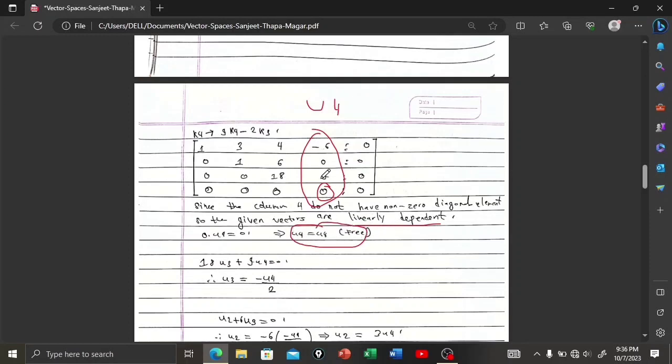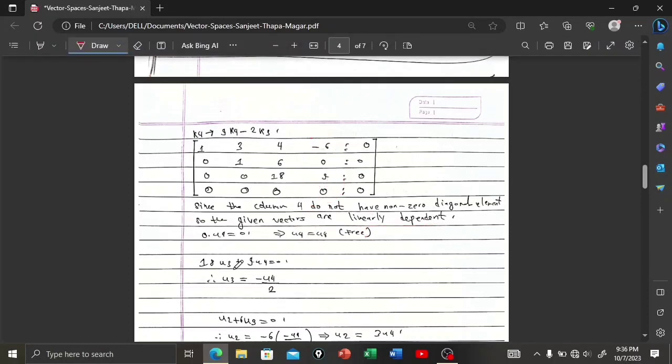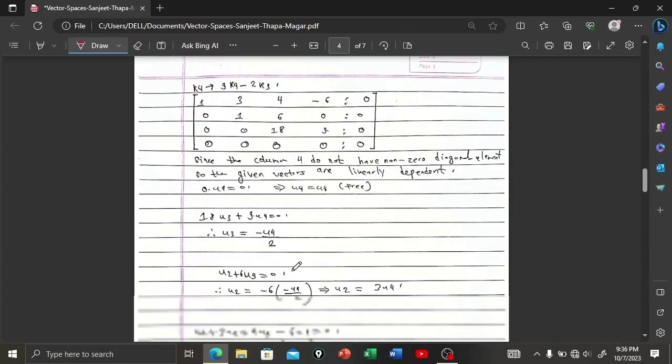So from here you can write 18u3 plus 9u4 equals 0. So u3 equals minus 9 by 18 u4, so it will be minus u4 by 2.